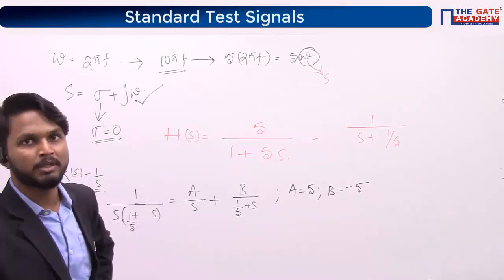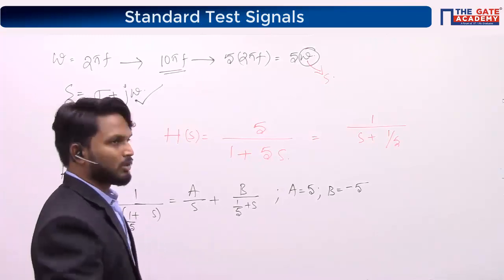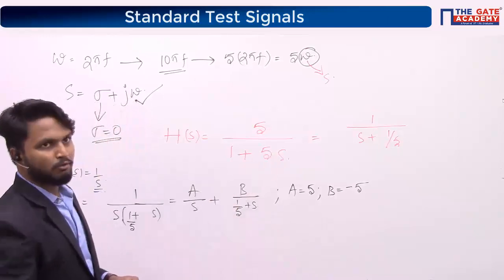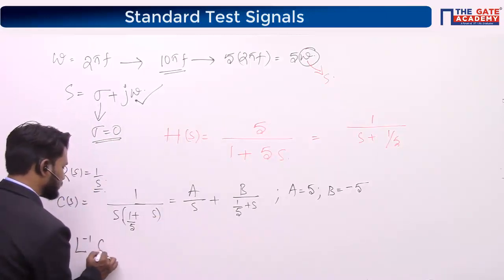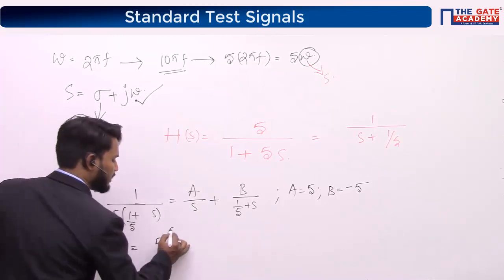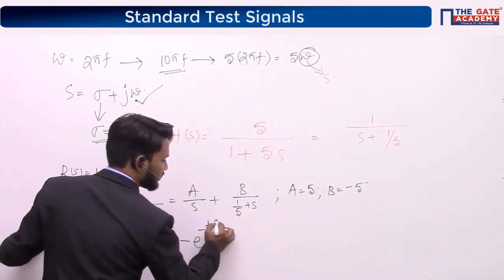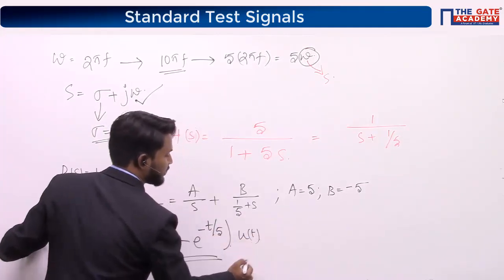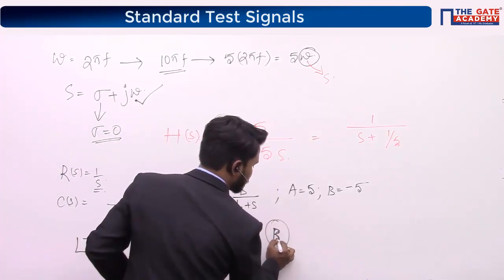So Shubham Goyal, I will tell you how sigma is 0, right? See here, if you find out the Laplace inverse of C of s, you will get simply 5 into 1 minus e power minus t by 5, multiplied by u of t. Therefore, option B is the correct answer for this question, right?